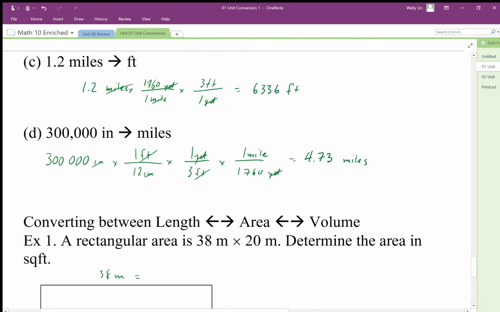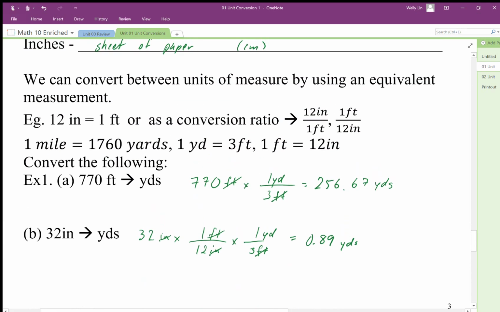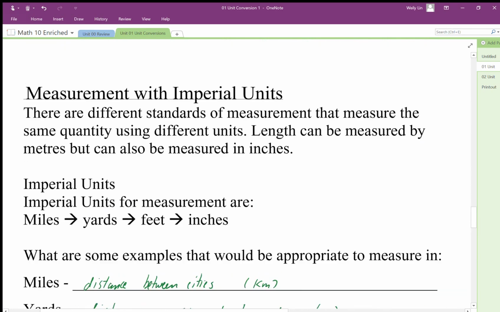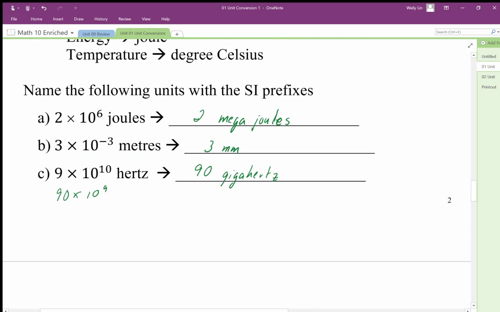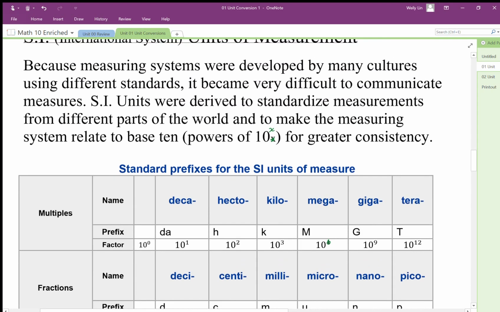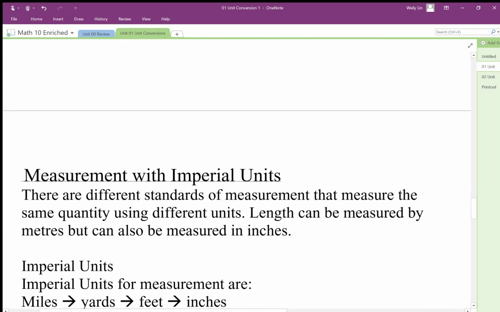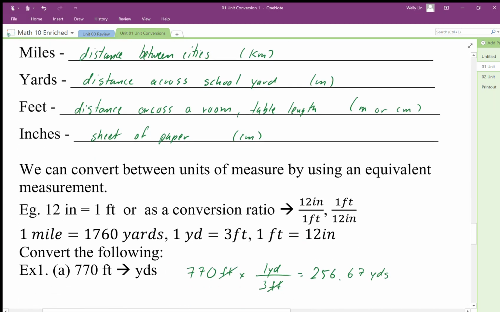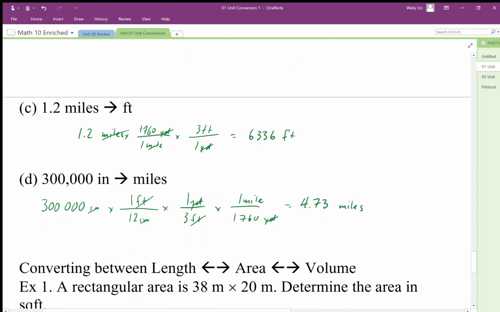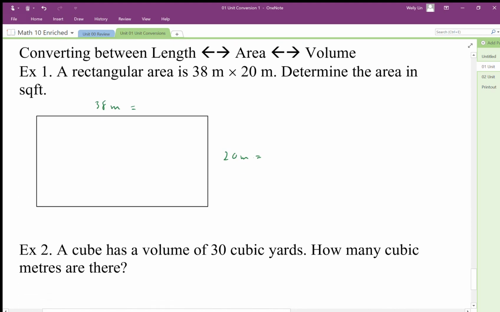Okay, so when I look at my conversion, how many feet is 1 meter? Do we have it here? I don't think we have it here. So we're just going to use 3.3 feet for 1 meter. There's probably a more accurate one, but we'll just use a rounded value of 3.3.